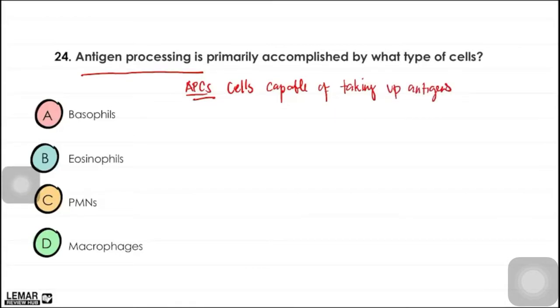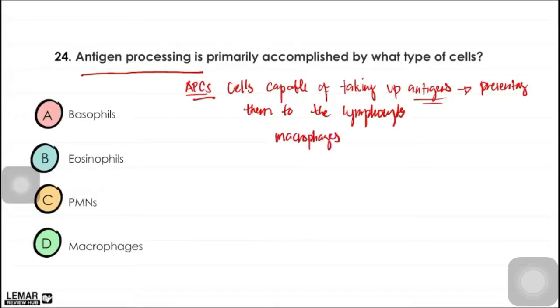So these antigens will later be presented to the lymphocytes. So these are cells capable of taking up antigens and presenting them to the lymphocytes.